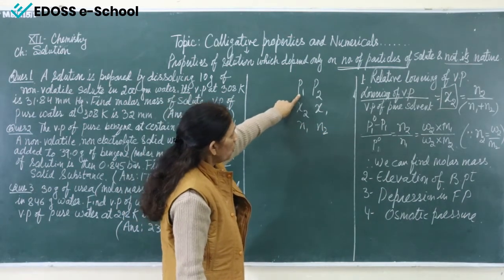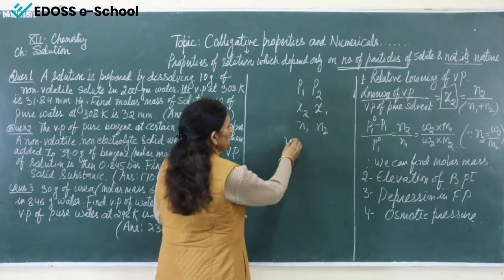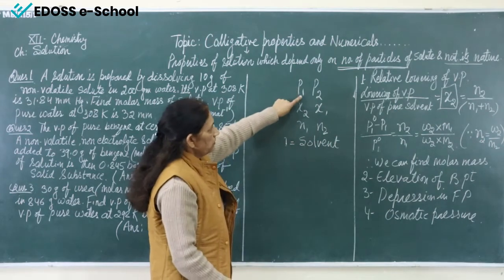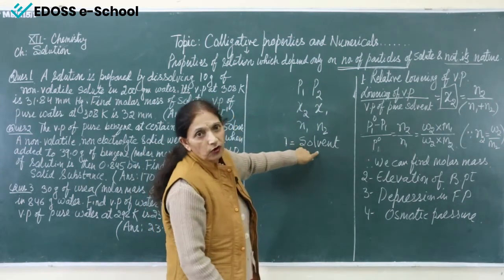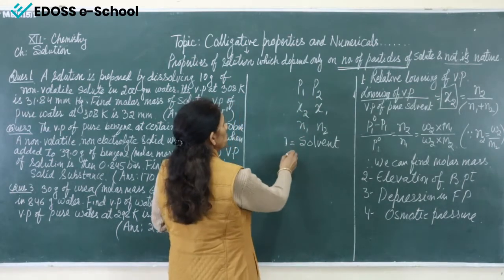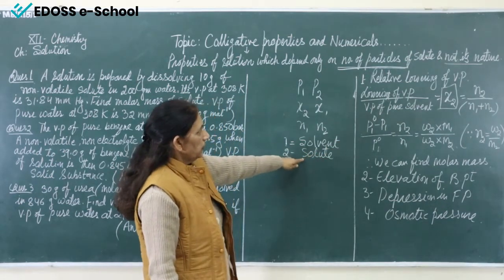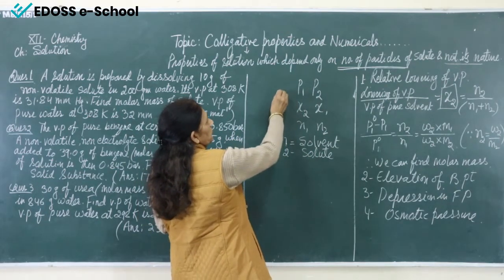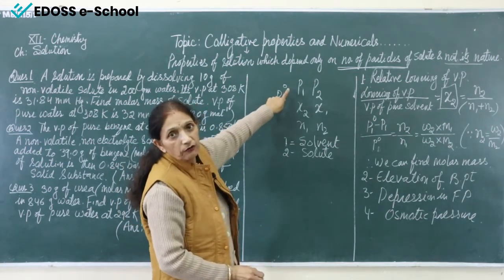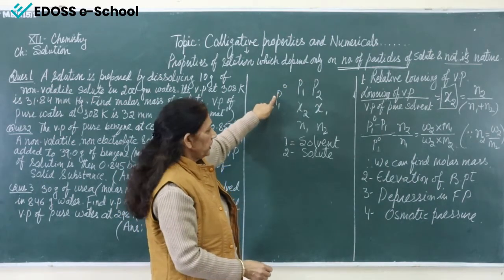So remember, whenever we use 1, it always indicates solvent, so P1 is the vapor pressure of solvent, and 2 is for solute. And if we write the superscript naught, this means pure solvent, so this is the vapor pressure of pure solvent.